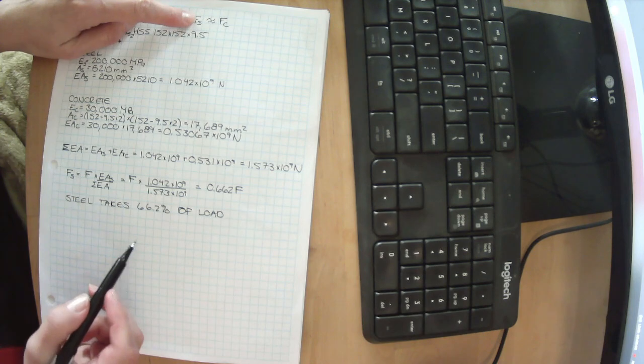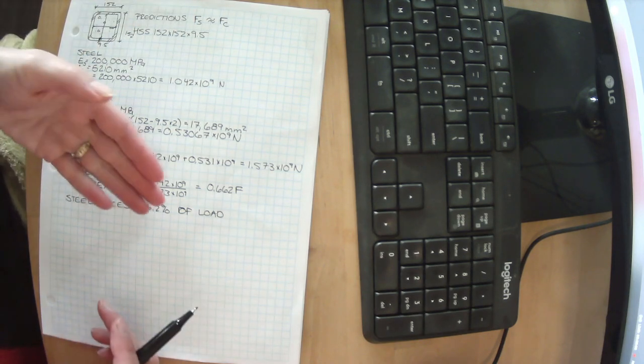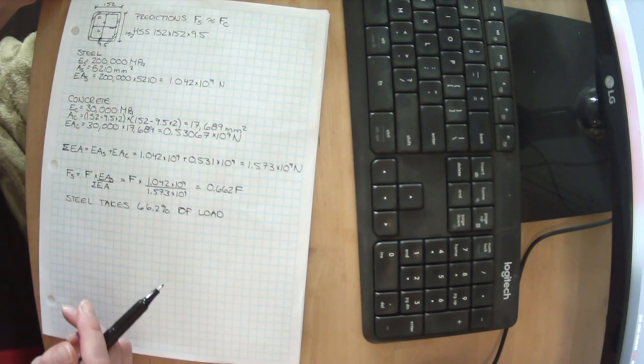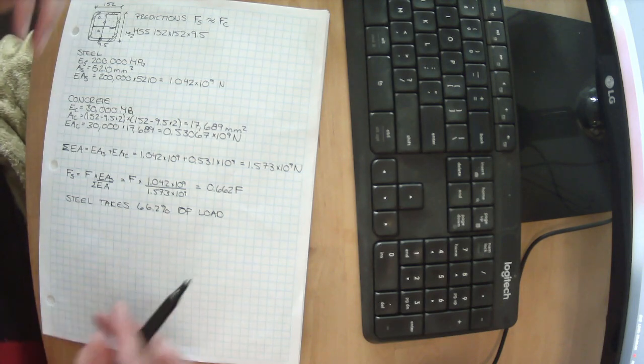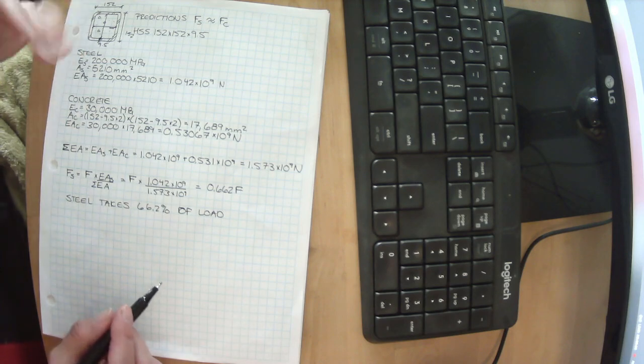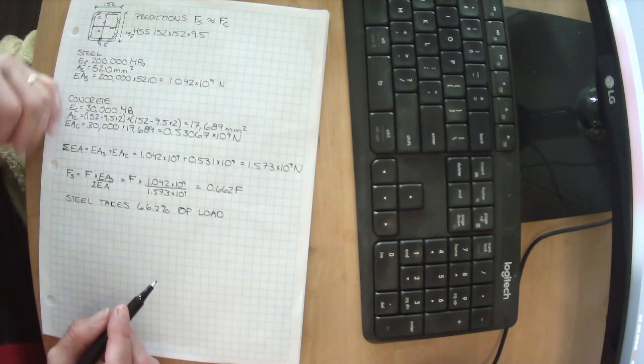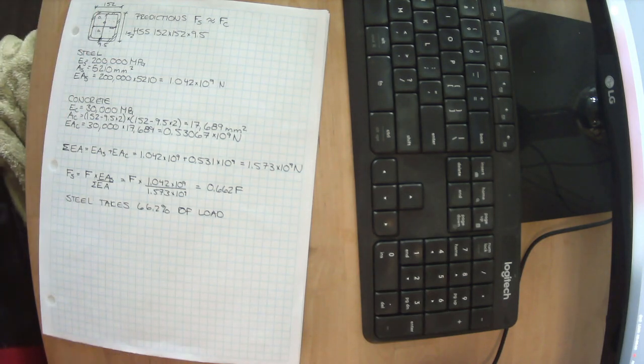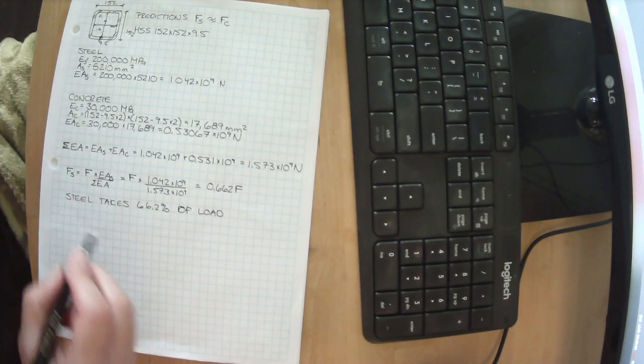That's pretty darn close to 50-50. I mean, it's not. It's greater than 50%, but it's not some unreasonable amount. It's not 99% of the load. So it looks like our prediction was not the best, but certainly in the realm of verifying our calculation.